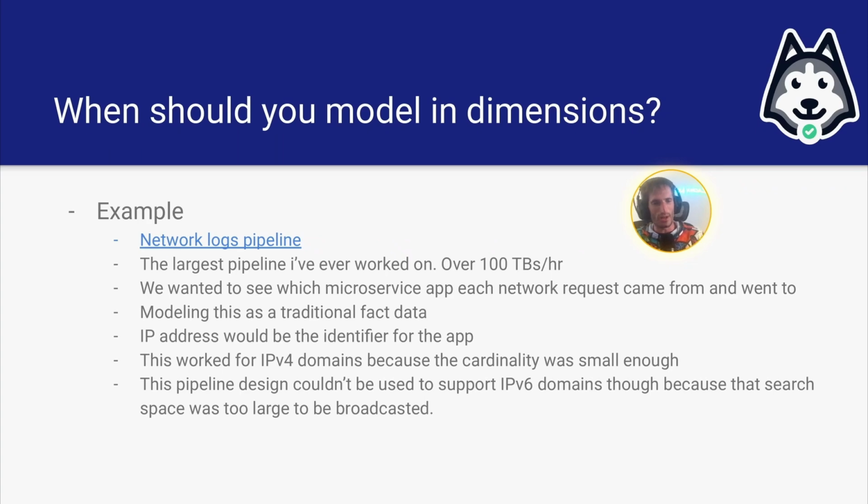What we wanted to do with this data set was see how the microservices were talking to each other. I don't know if you know, but Netflix is very famous for pioneering the microservice architecture. The microservice architecture is really great for making your development faster and splitting out responsibilities, and you can do really great things with microservices.